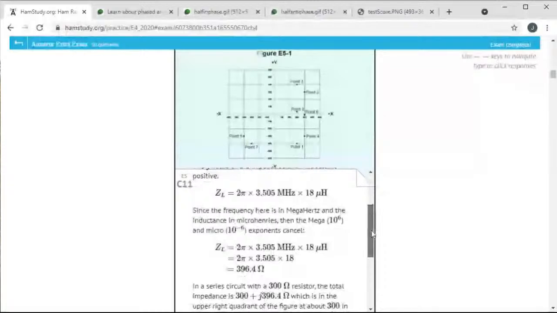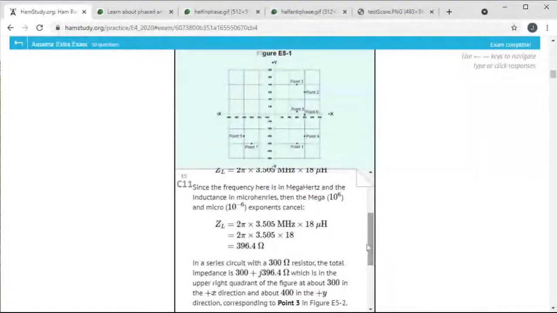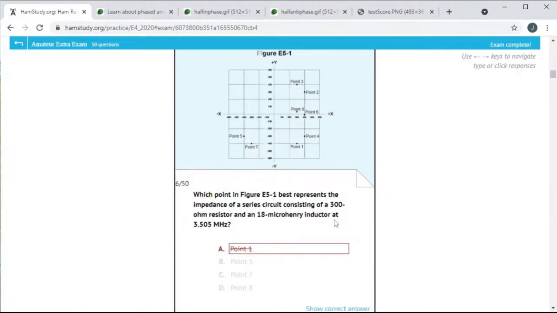Okay, so that's it. It is a question of whether it's an inductor or a capacitor.